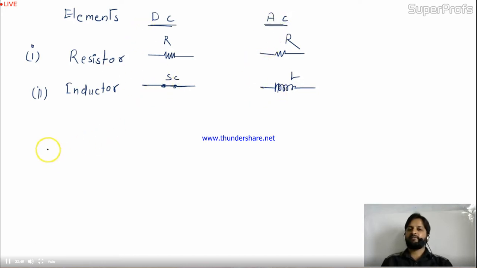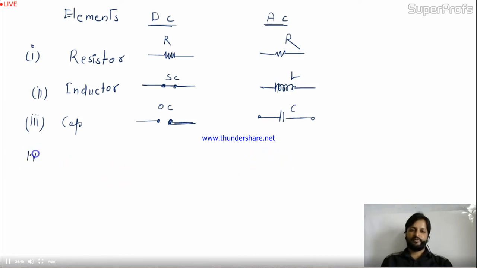For the DC circuit, it will be a short circuit. Now come to the capacitor. For the DC, the capacitor acts like an open circuit, if you remember this. And for AC, it will work like the capacitor itself.